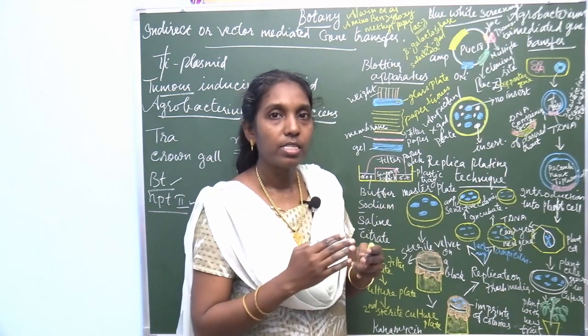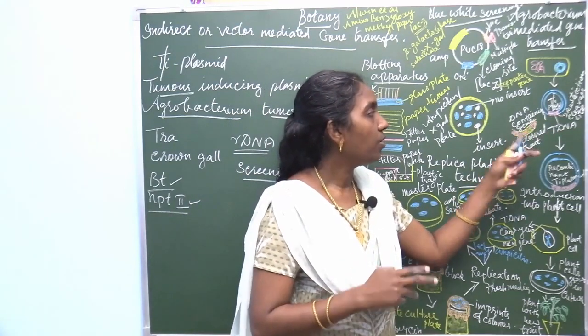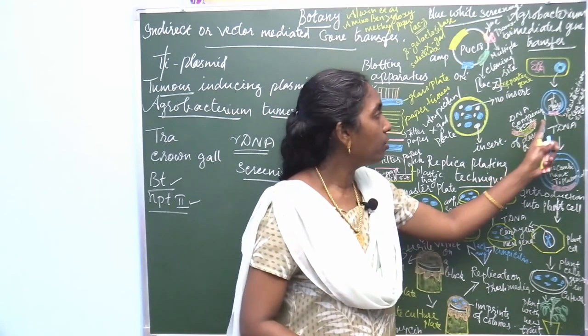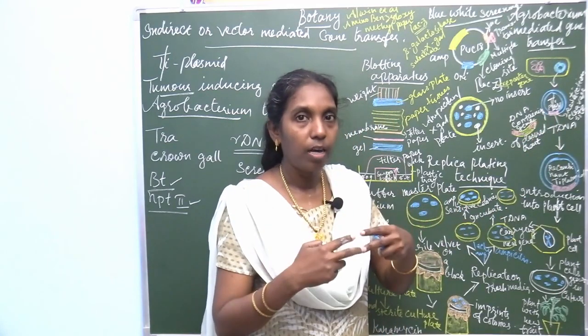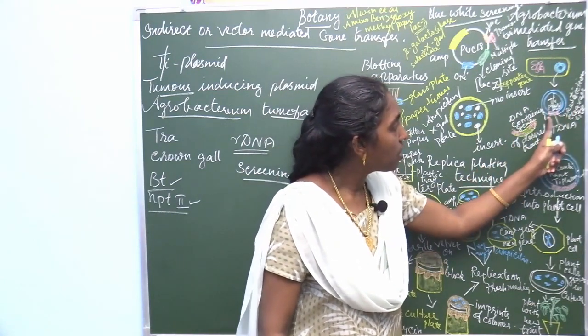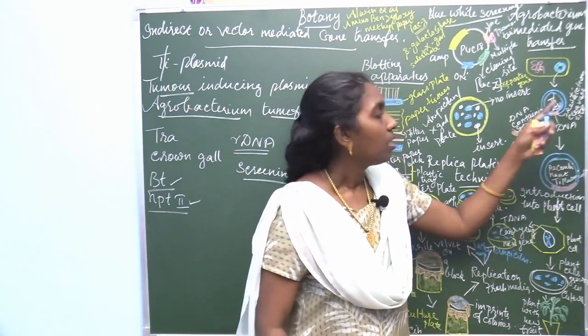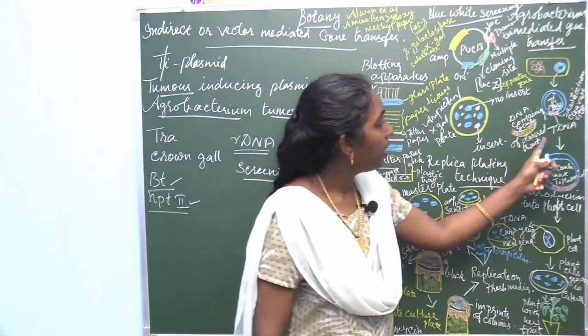Restriction endonuclease cuts open the plasmid, this gene of interest is inserted into the plasmid, and both are pasted together with the help of ligase enzyme. Now, this plasmid is called rDNA, recombinant DNA.